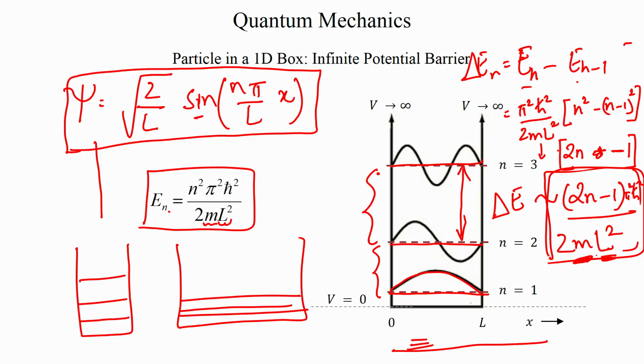Okay, because once again the difference in two consecutive energy levels varies as 1 by L square. So if we think about the electron, so how does this connect with our semiconductor physics?